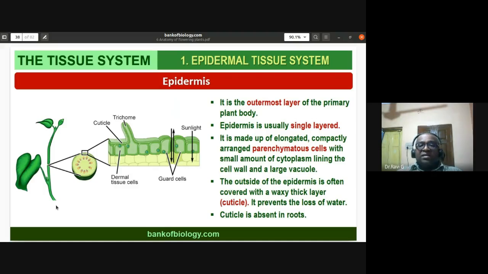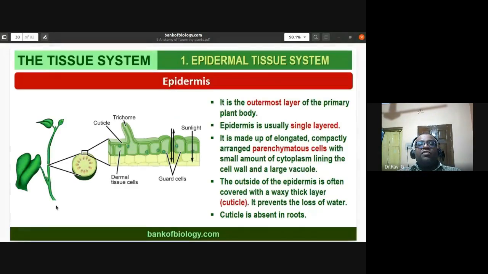And you find a layer of cuticle above this epidermis, a waxy layer of cuticle. In the case of leaves, it would be thicker. Cuticle is absent in the case of roots. The epidermis of root does not have cuticle. Epidermis is usually single layered.